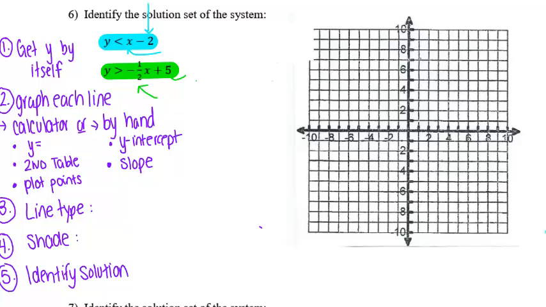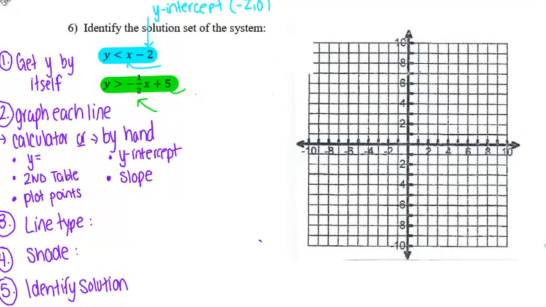Okay, so let's get into it. y less than x minus 2. So the first thing we need is our y-intercept if we're going to graph it by hand. So the y-intercept is -2, 0.